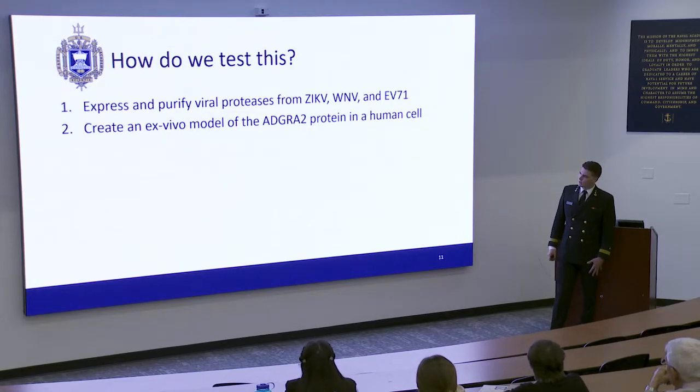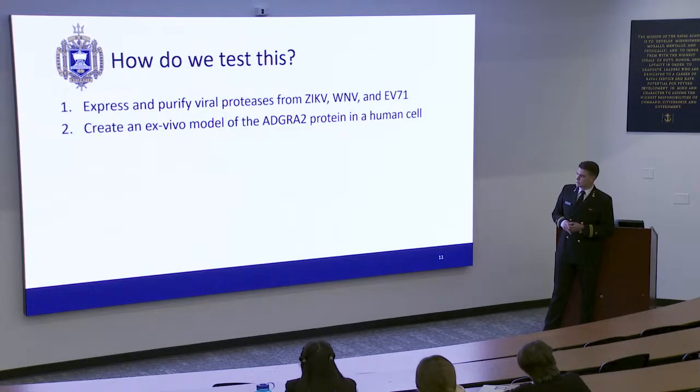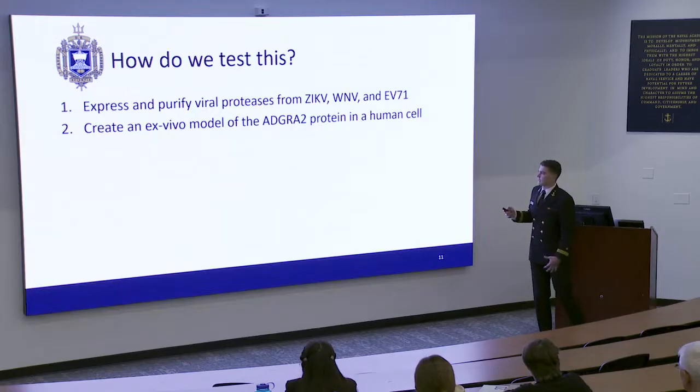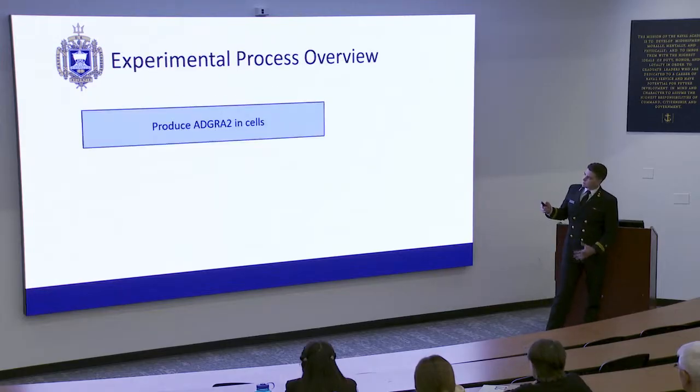For one thing, we need to express and purify viral proteases from those neuroinvasive viruses. And then we also need to create an ex vivo model of ADGRA2 in a human cell so that we can test if in its environment ADGRA2 is targeted by these purified viral proteases. And that's highly complex, but I'm going to try to break it down really simply.